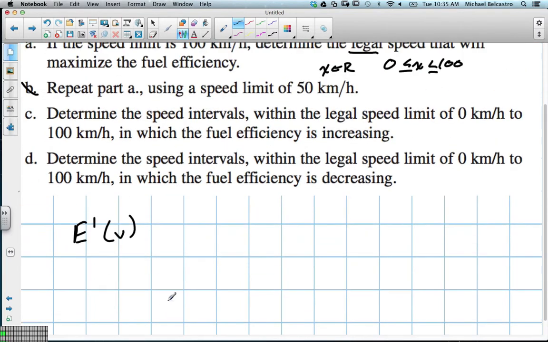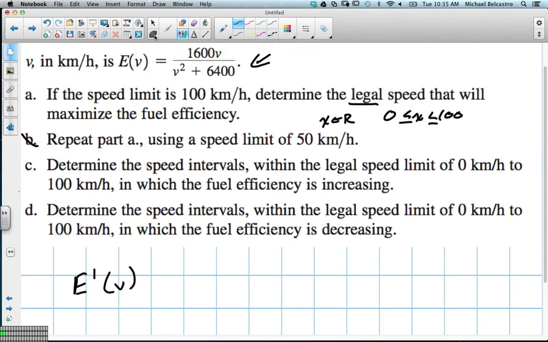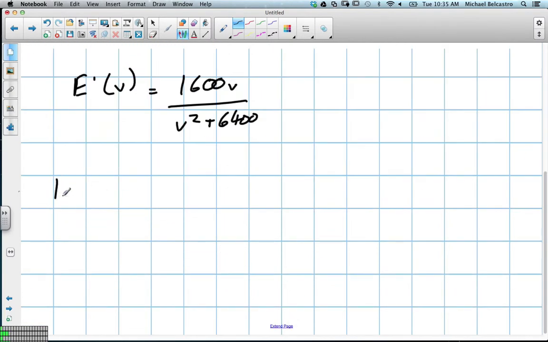And I'm just going to rewrite the function down here, just because I won't be able to memorize it. 1600v over v squared plus 6,400. Okay, so we have our function. We're going to derive this function. So, quotient rule.